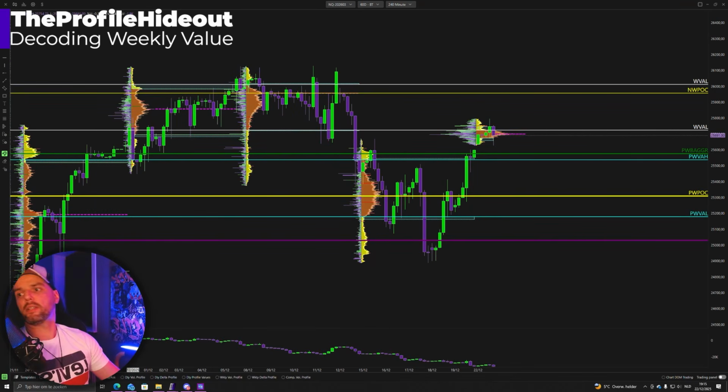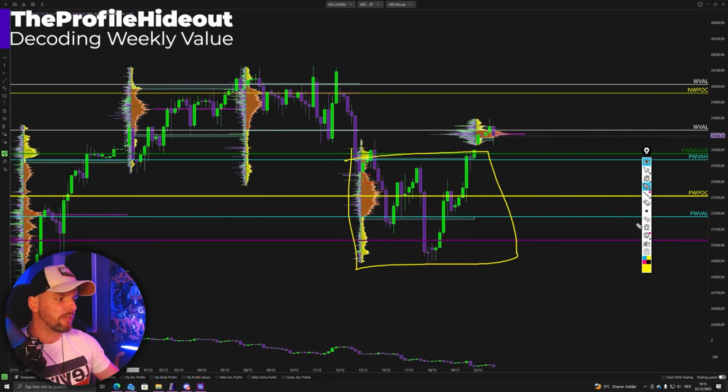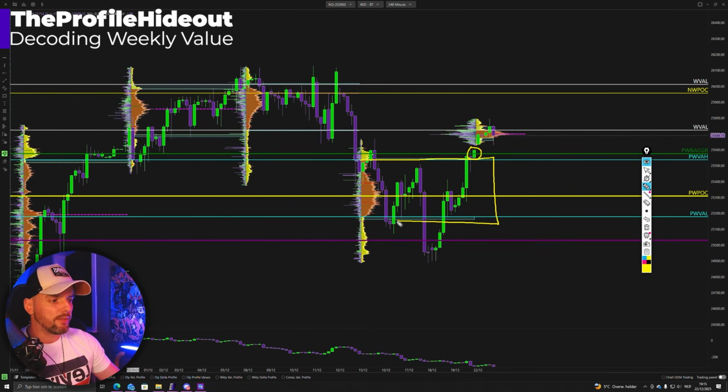Profile wise on the week, so this was the prior week. We were closing last week above the value of that week, and also opening up this week with a gap to the upside, with a higher probability of rejecting this value.